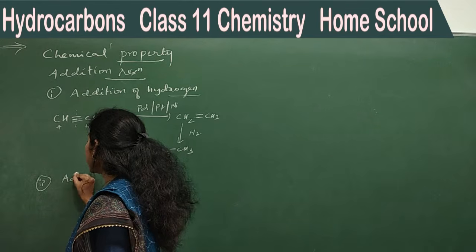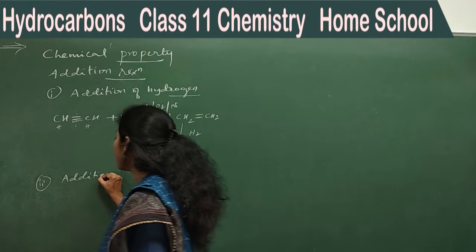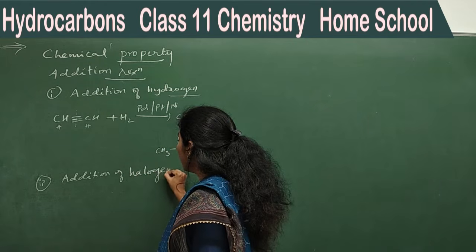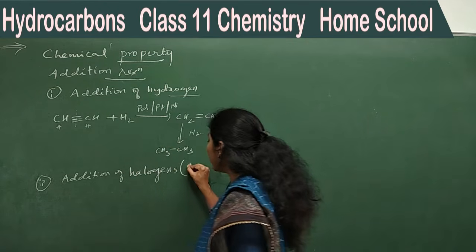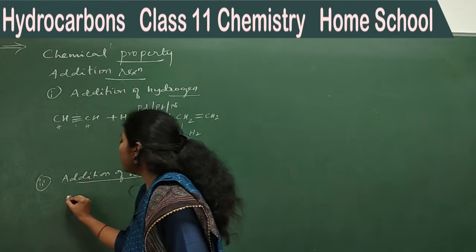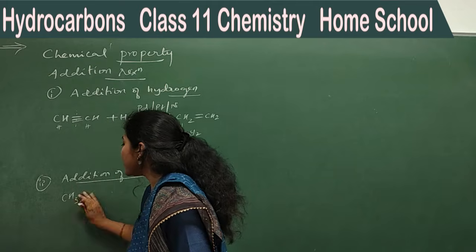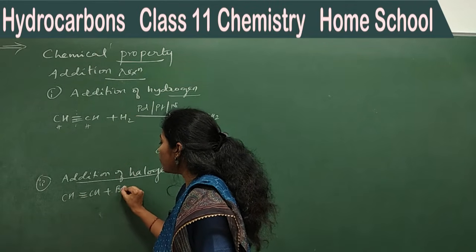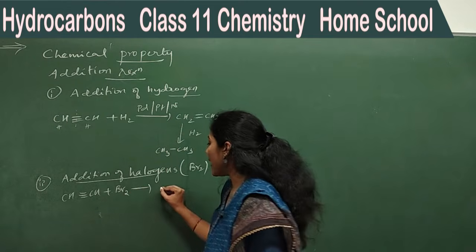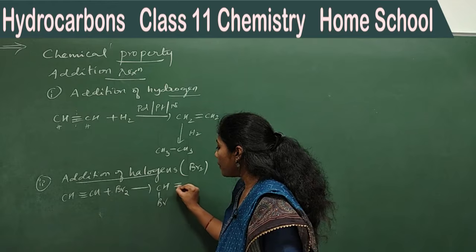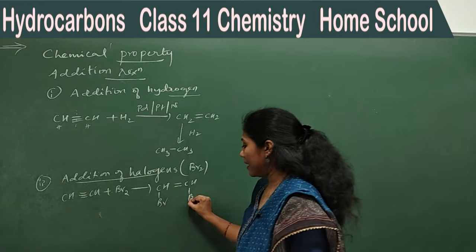So next, let's go for addition of halogens. Here, let me add Br2. Clear? Can you write the product on your own? CH≡CH, I add one molecule of Br2 initially. So I get CHBr=CHBr, isn't it?